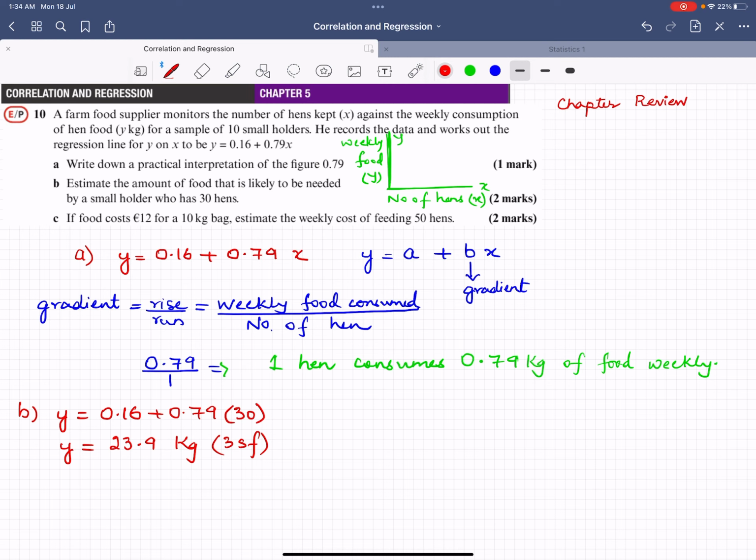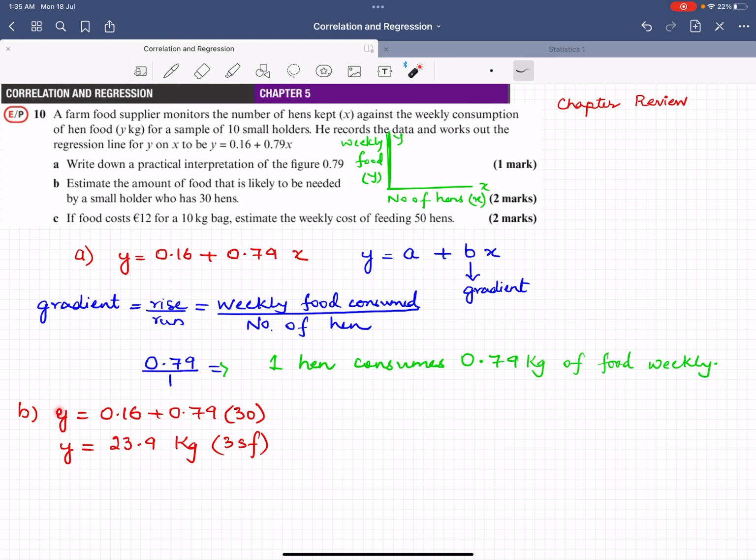Now in part C, the question is saying, if food costs 12 euros for a 10 kg bag, estimate the weekly cost of feeding 50 hens. So we need to first find out the weight of food consumed by 50 hens.